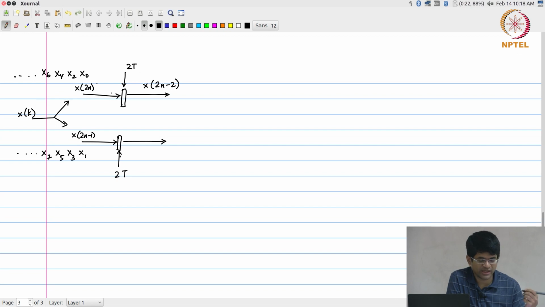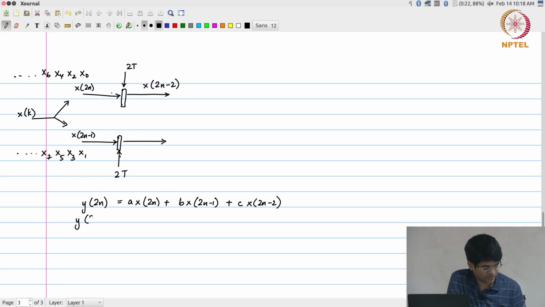And with this, what we can do is, now I just have these two registers, okay, and I can write down two new equations which basically say y of 2n equals a times x of 2n plus b x of 2n minus 1 plus c x of 2n minus 2, and y of 2n minus 1 equals a x of 2n minus 1 plus b x of 2n minus 2 plus c x of 2n minus 3.